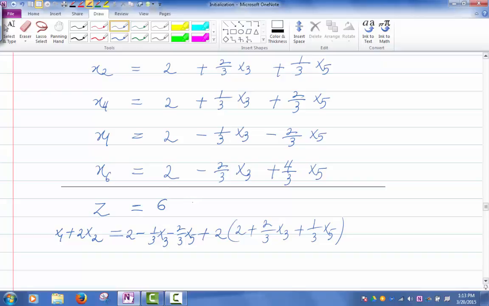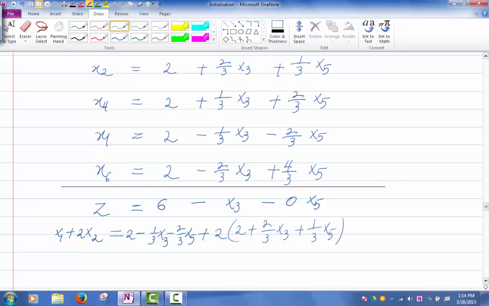Okay, what would be the coefficient of x3? Anyone? Yeah, the coefficient of x3 should be 1. What's the coefficient of x5? 0. Is everybody okay with that?